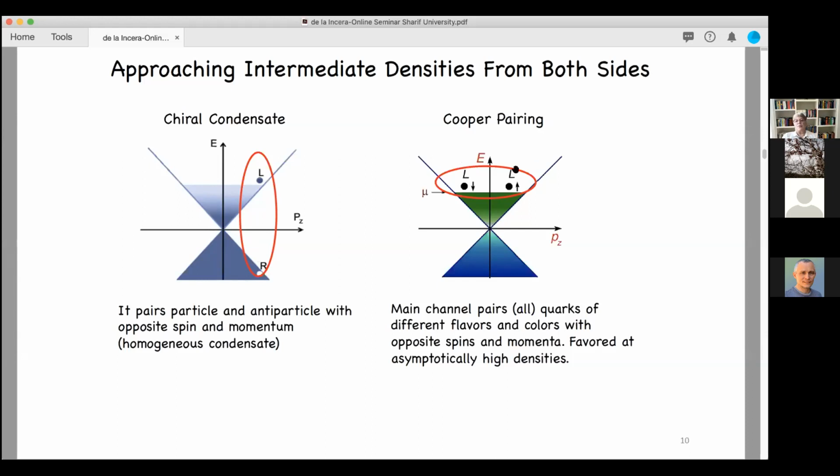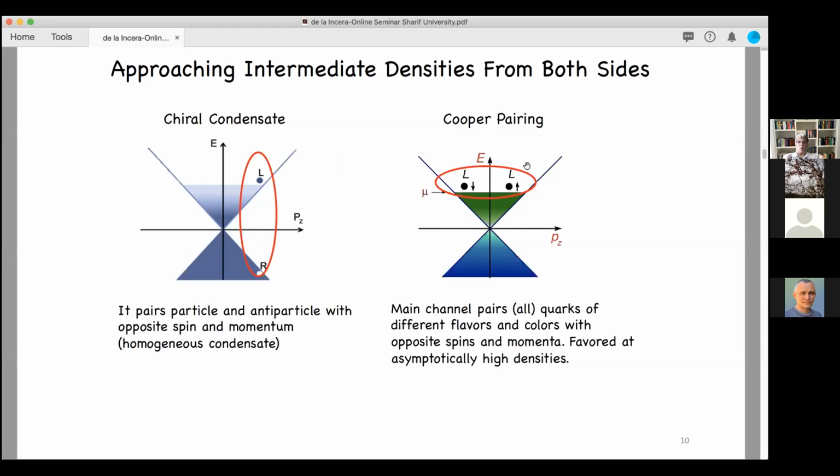The other possibility that can happen when you have a Fermi surface is Cooper pairing, because the anti-triplet channel of QCD is attractive. So you can have pairing between quarks of different flavors and different colors. And that actually is favored when you go to very, very high densities.